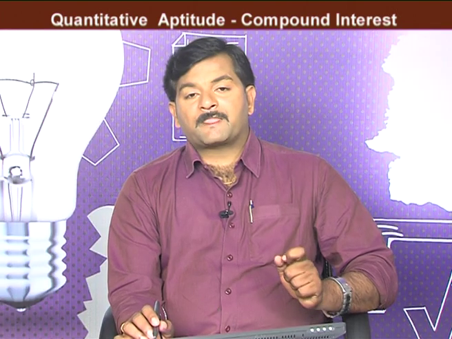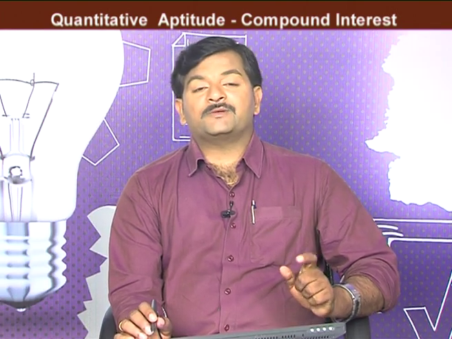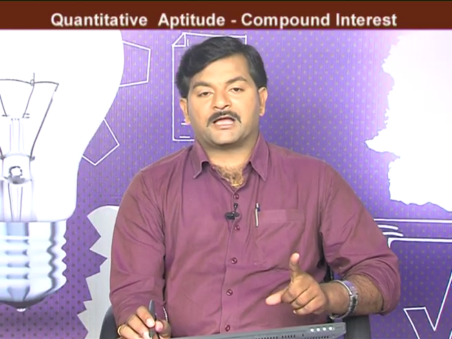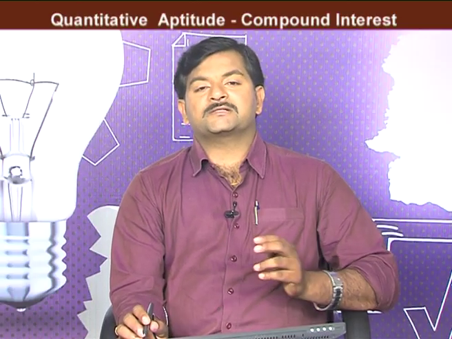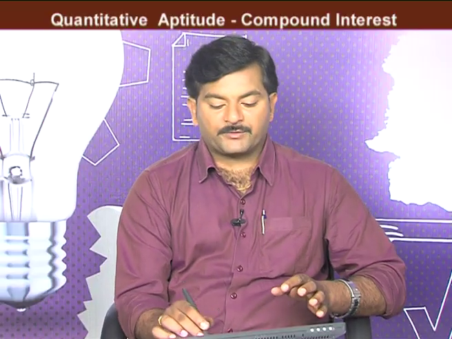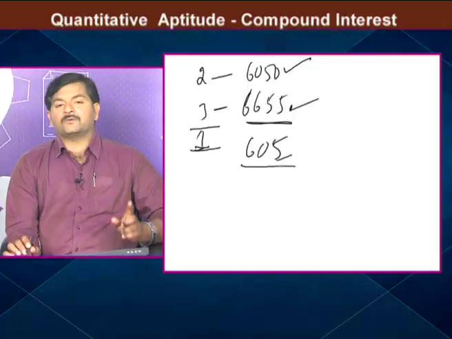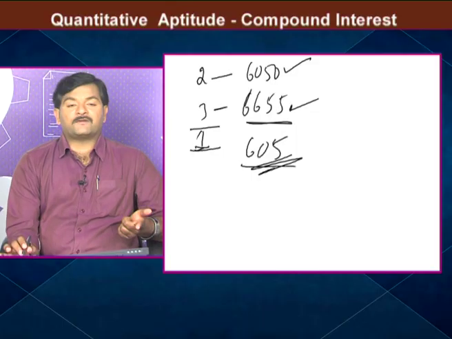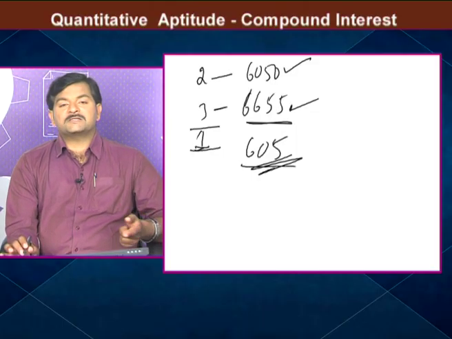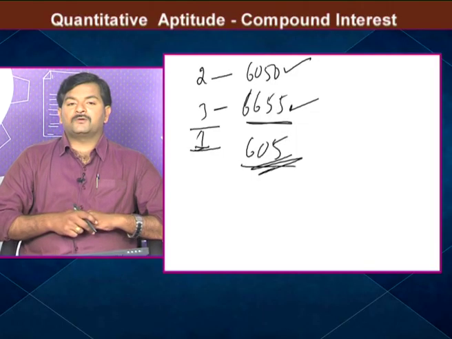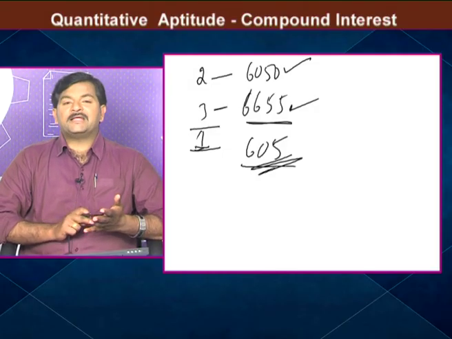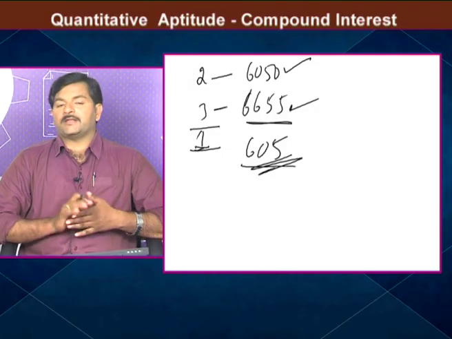Okay, see why I am getting 605 rupees extra for the 1 year gap? Because it is obviously interest. Interest for how many years? Interest for only 1 year. But on what sum? Because we know one thing: usually the second year amount is considered as principal for the third year.